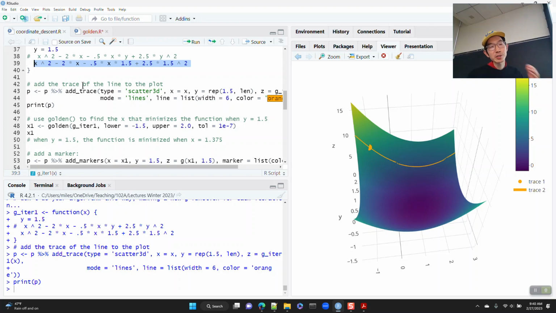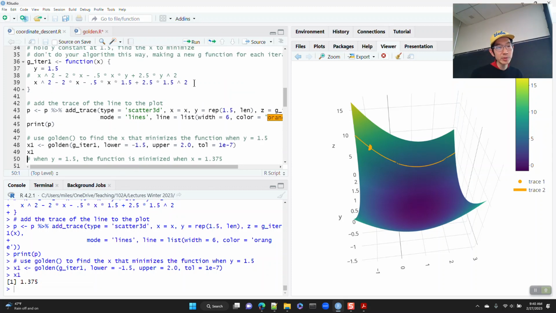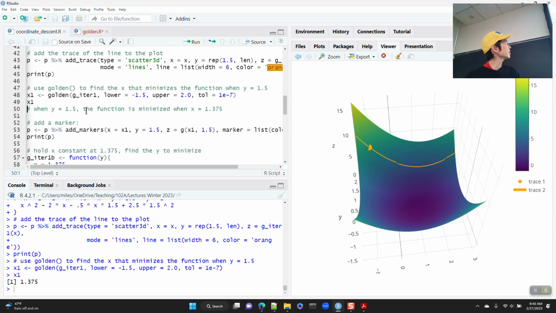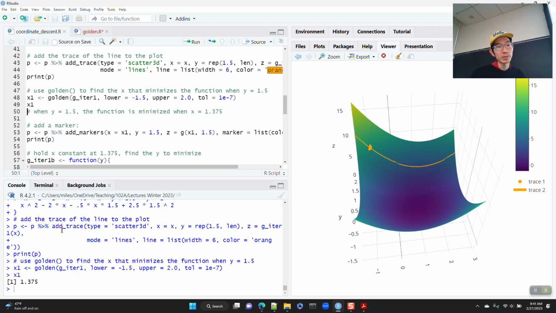But I'm going to just go ahead and use golden section search, and ask it, what is the minimum of this function? And it says when y is equal to 1.5, the minimum of this function for x1 is 1.375. And if you did calculus and took the derivative, set it equal to 0 and solved, you would also get 1.375.